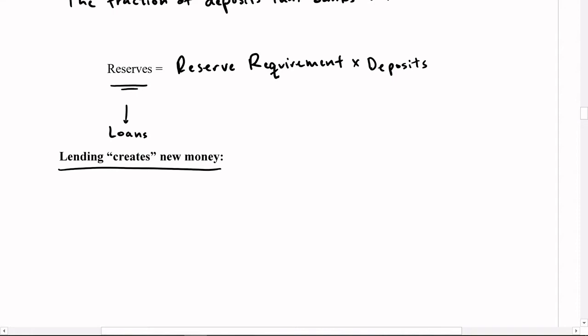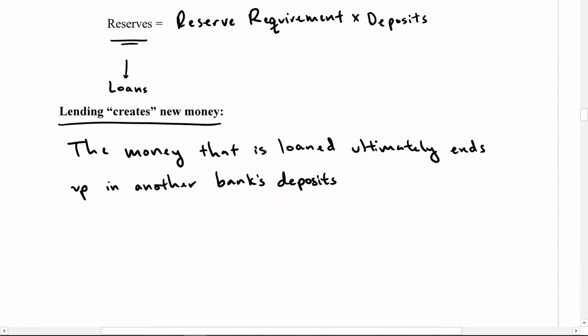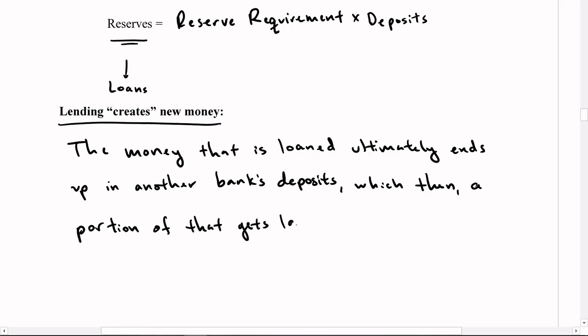The money that is loaned out ultimately ends up in another bank's deposits. Then a portion of that gets loaned out.